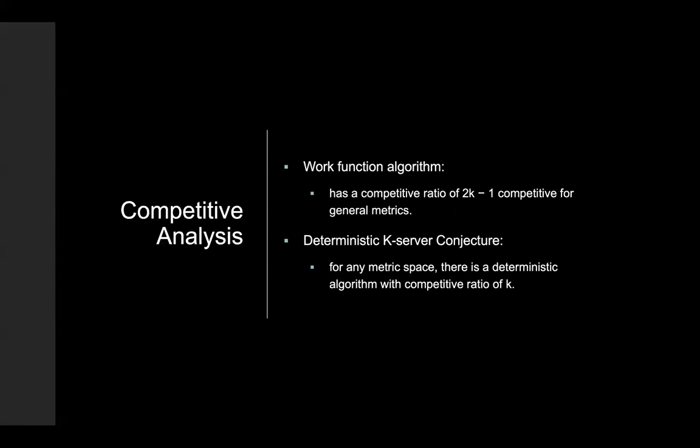That means the best algorithm to solve the k-server problem deterministically has a competitive ratio of k. There has been no proof yet, but as of now, the work function algorithm is the best known algorithm to solve the k-server problem deterministically.